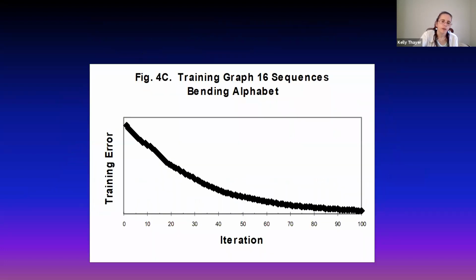So as we do this, we should get a decrease in the training error. Now, the way the training error is computed is we make use of those sequences that we set aside, knowing what they were, knowing whether or not they're a binding site. And so we can ask the question, how many of those does it get right, having not seen them? As we iteratively align the sequences and allow them to adjust the parameters in the hidden Markov model, that training error should be decreasing.